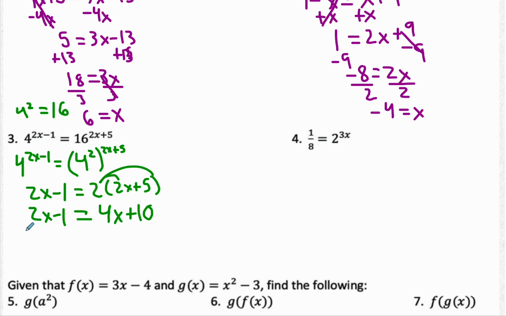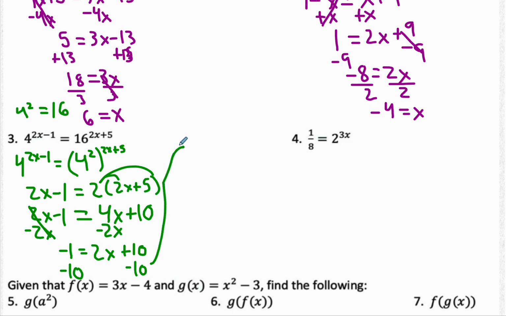And then we're just solving. So I'm going to subtract 2x from each side. So I get negative 1 equals 2x plus 10. I'm going to subtract the 10. Come up here. So negative 1 and negative 10 makes negative 11.